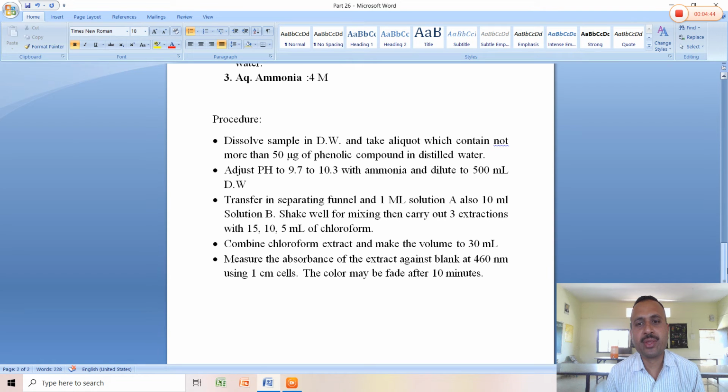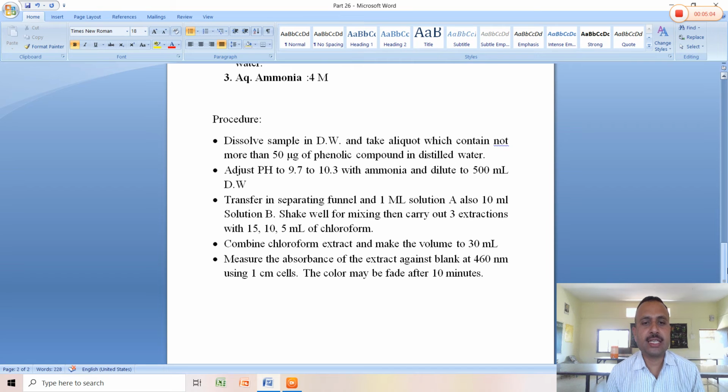So ammonia is added to maintain the pH of the solution, and this solution with traces of phenol, that is 50 microgram, is diluted to 500 ml with distilled water. A 500 ml volumetric flask is used for the preparation of the aliquot.